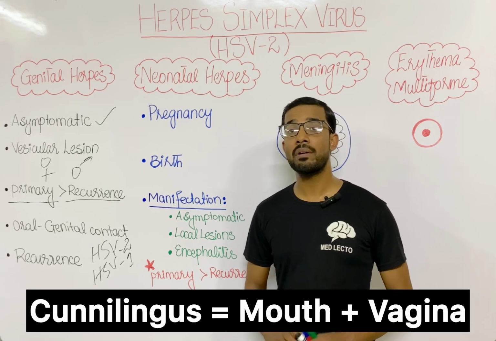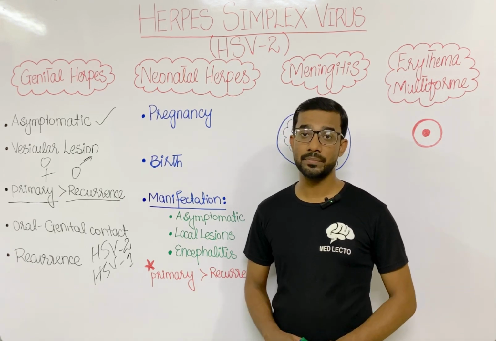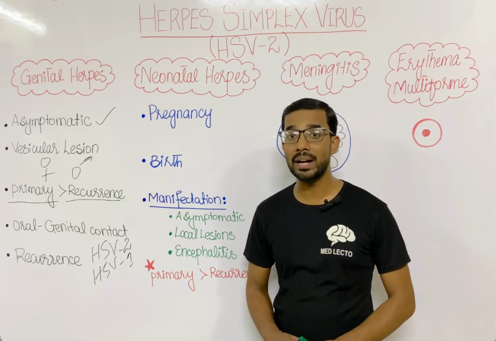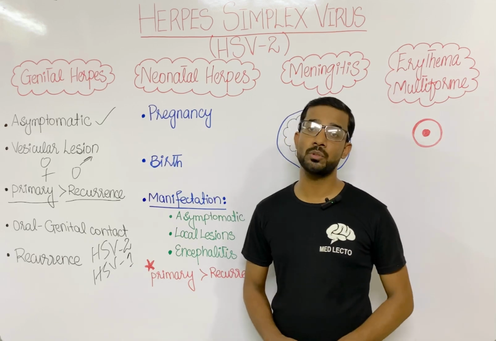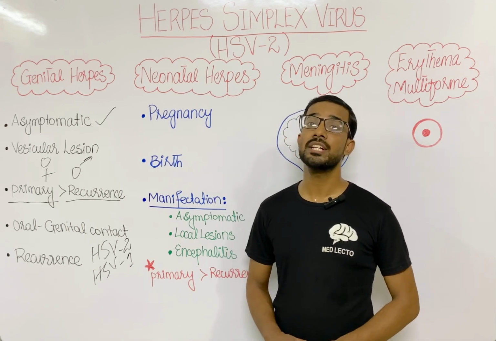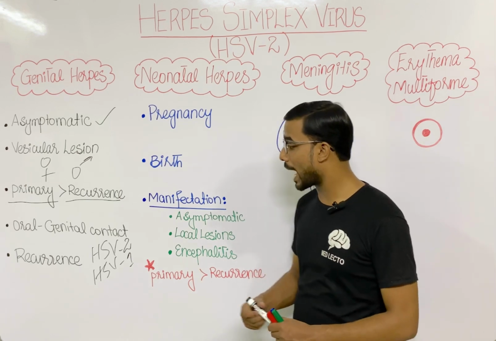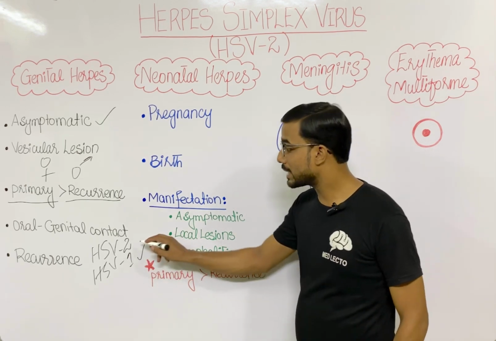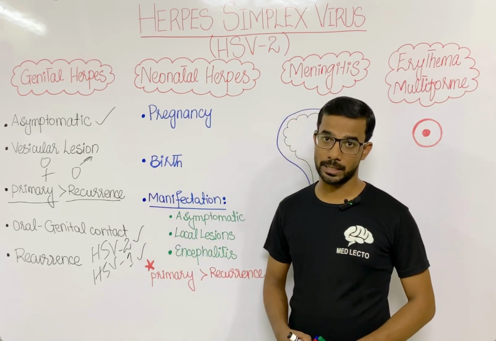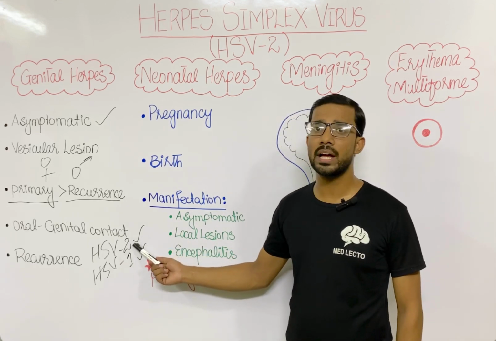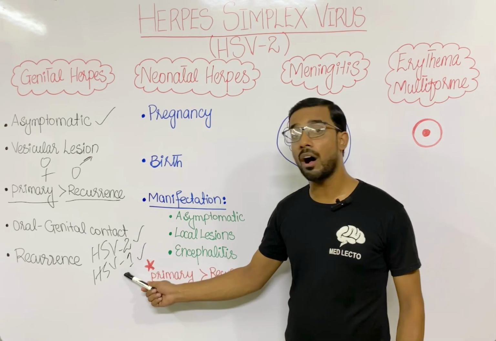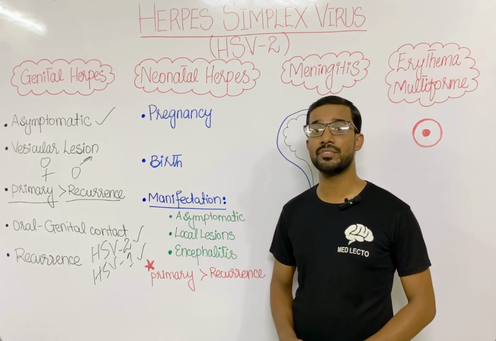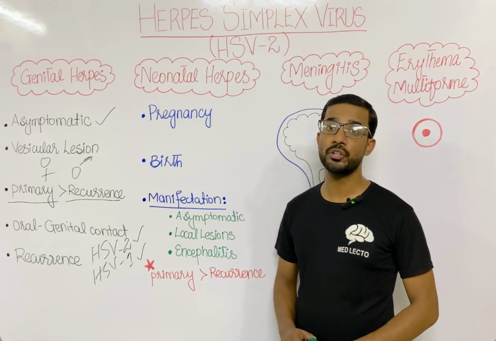And in cunnilingus, when the mouth touches the vagina, herpes simplex virus type 1 from the mouth can be transmitted to the vagina as well and cause genital herpes, because type 1 is actually present in the saliva and type 2 is actually present at the genitalia. So type 2 normally causes genital herpes, but type 1 can also cause it due to the touching of the mouth to the penis in males and the vagina in females during oral sex.